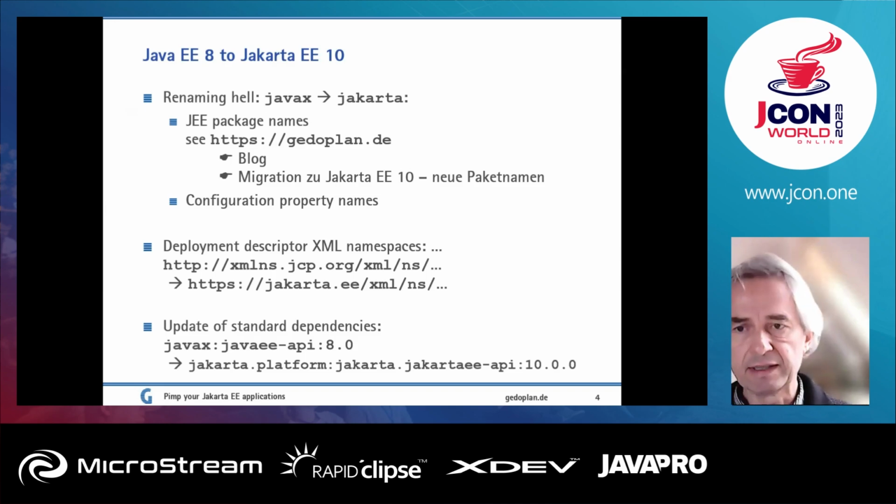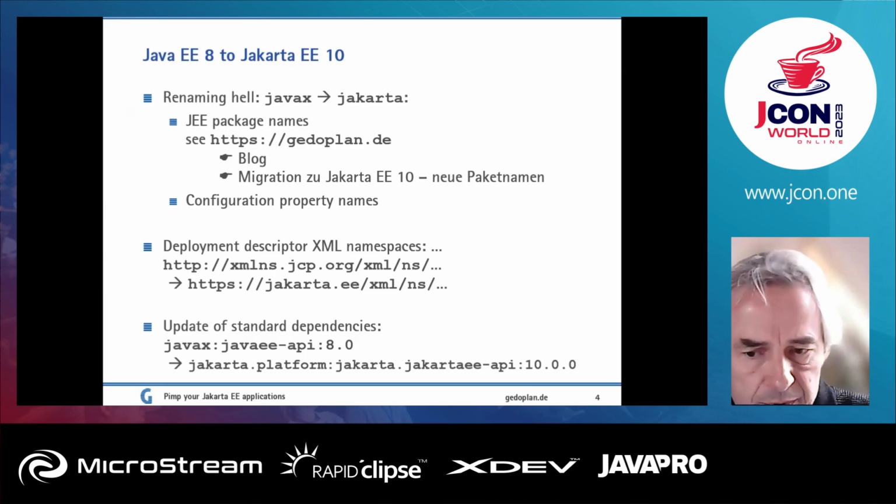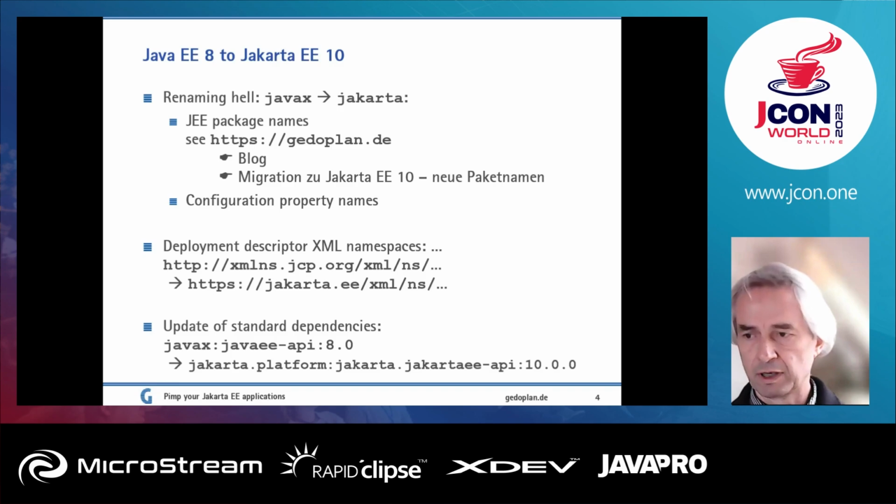Okay. If we want to move on to Jakarta EE 10, there are some obstacles in the way. One of those obstacles is that we have to rename our package names. As you will know, when Oracle donated the Java EE platform to the Eclipse project, Jakarta EE, the package names were not allowed to be used, so no change was possible in there.